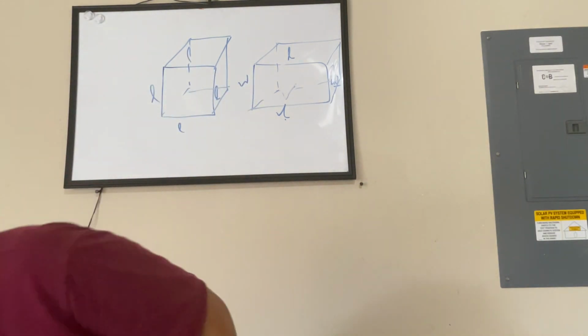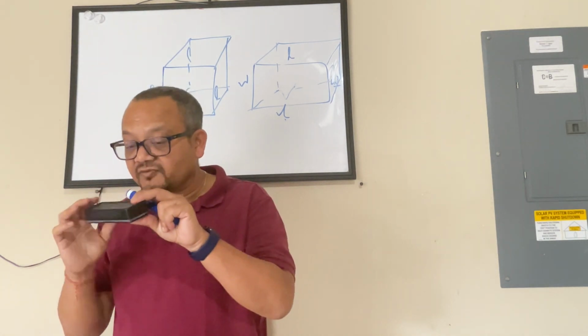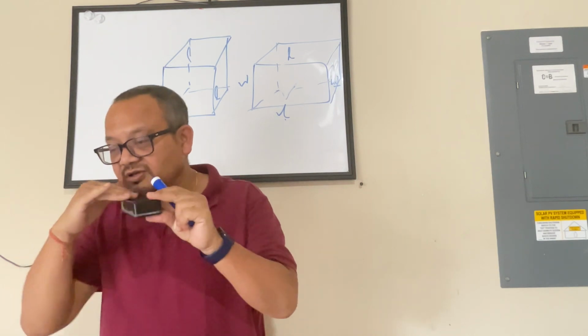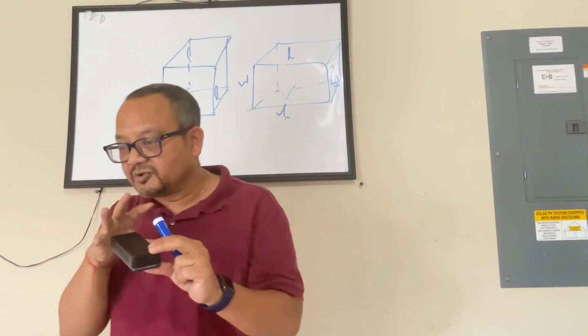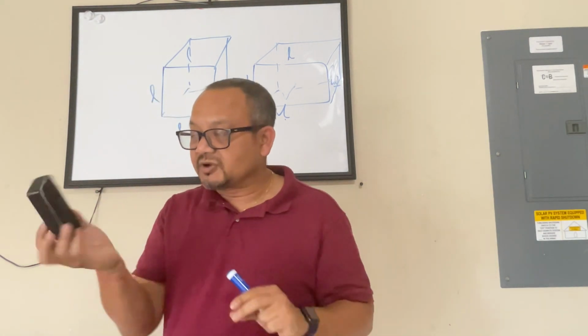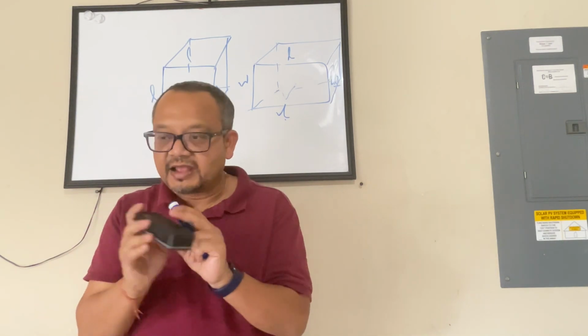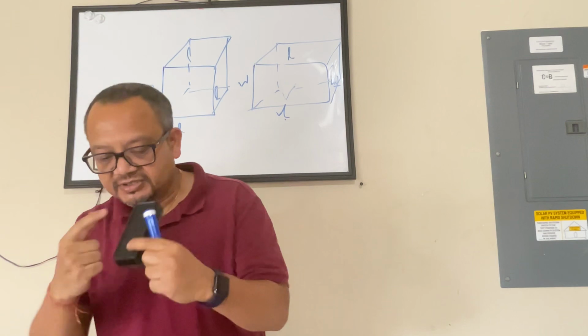So in the case of the cuboid, the surface area would be this area and this area, both are the same. So 2 times this area, 2 times this area and 2 times this area. All put together, that will be the surface area. If you have to color this pink, you will have to color all the sides. And that is 2 times 3 different types.